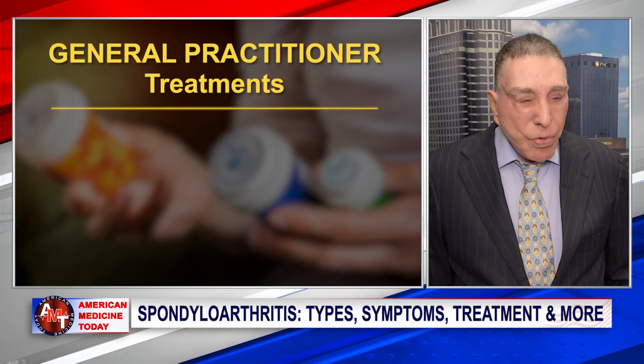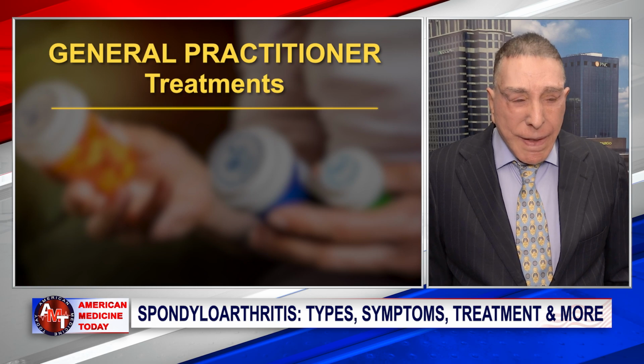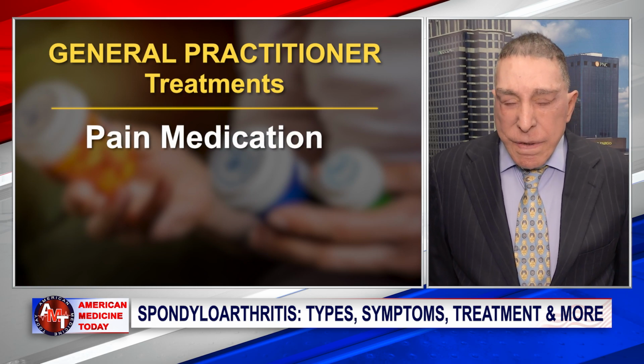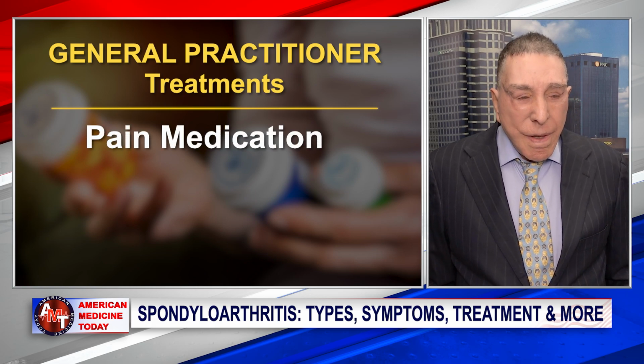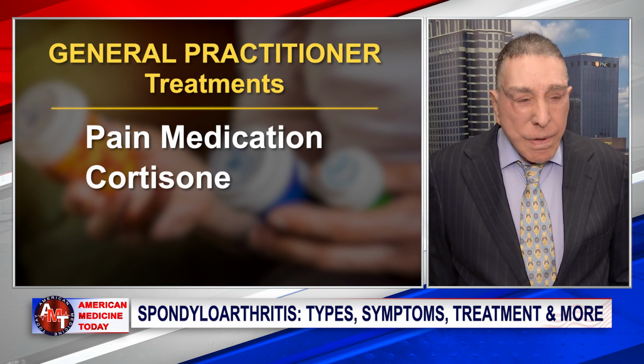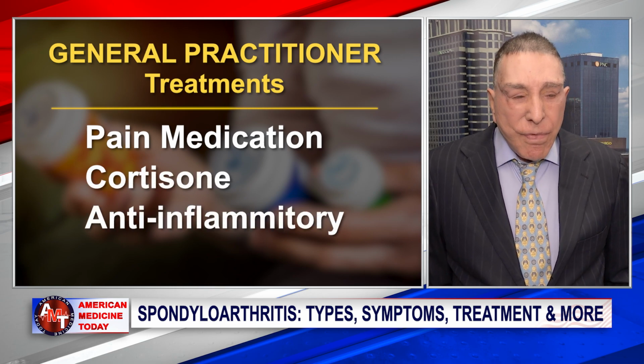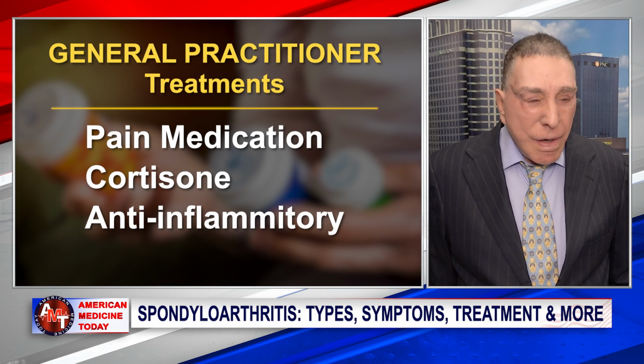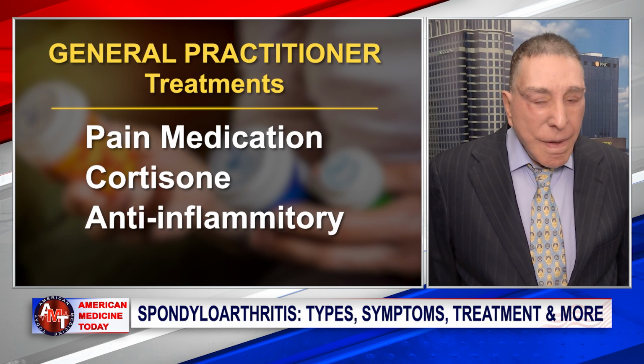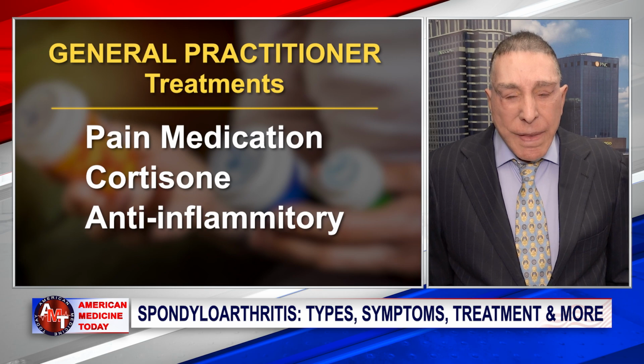The problem is how you treat this. Usually people go to general physicians. The GPs are going to give you pain medication, some cortisone, and some non-steroidal anti-inflammatories, because this is something that is going to last for a long time. In an acute attack, the pain usually lasts between 2-3 days to around 3 weeks.